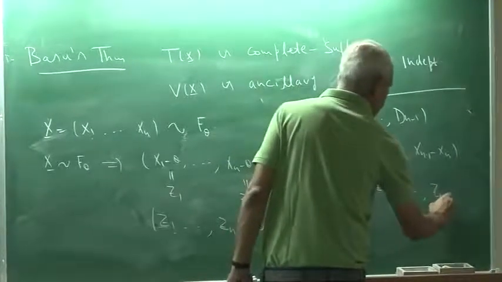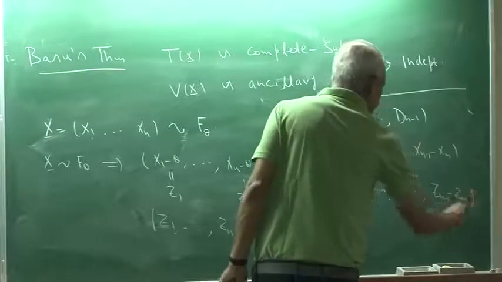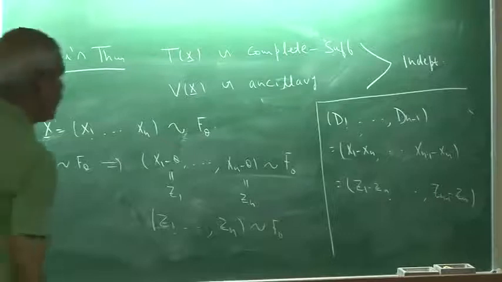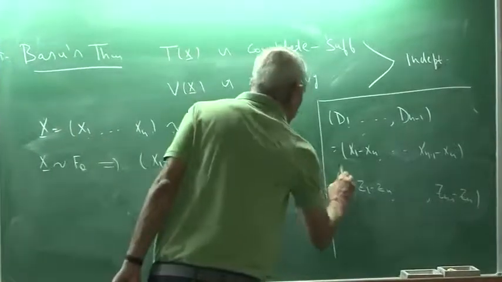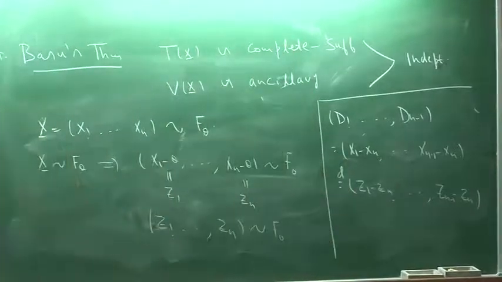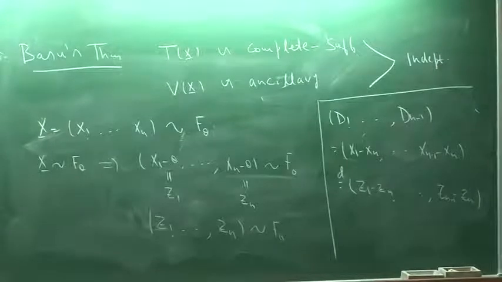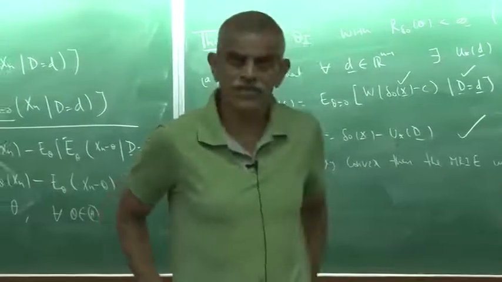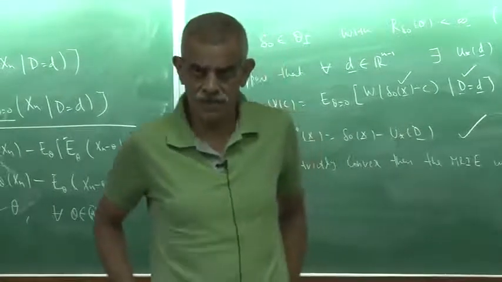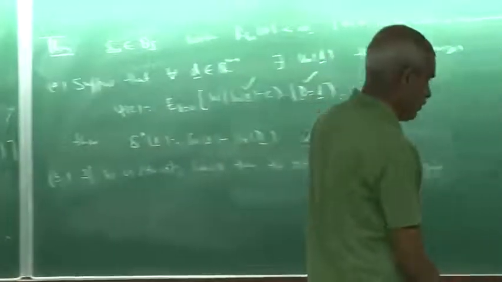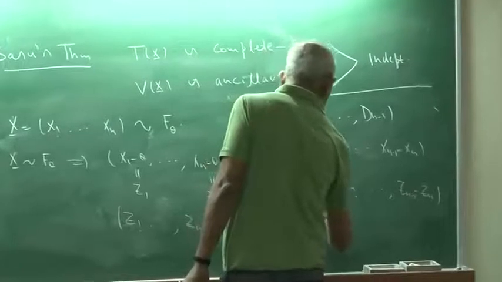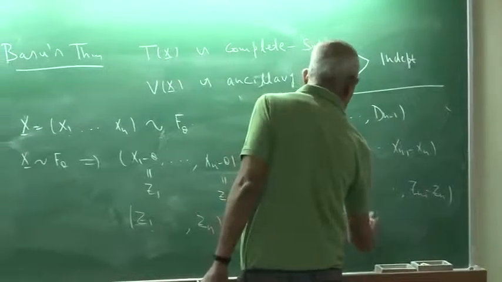Similarly, this is Zn minus 1 minus Zn. So the distribution of D1, D2, ..., Dn minus 1 is the same as the distribution of some function of Zi's. But the joint distribution of Zi's does not depend on theta. So any statistic which depends on Z1, Z2, ..., Zn will not depend on theta. Its distribution will not depend on theta. So this implies that D1, D2, ..., Dn minus 1 is ancillary.